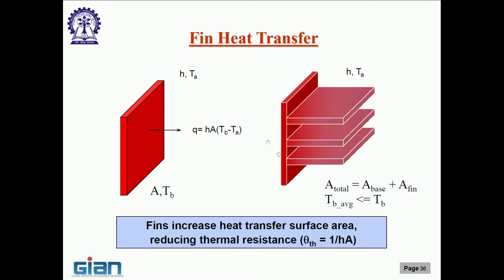So the heat which was directly getting dissipated from this surface is now going to get conducted through these fins, and while getting conducted it is also going to get lost by convection to the surroundings. Therefore, the surface area for convection increases from just A of the base to A of the base plus the area of the fins. Clear?